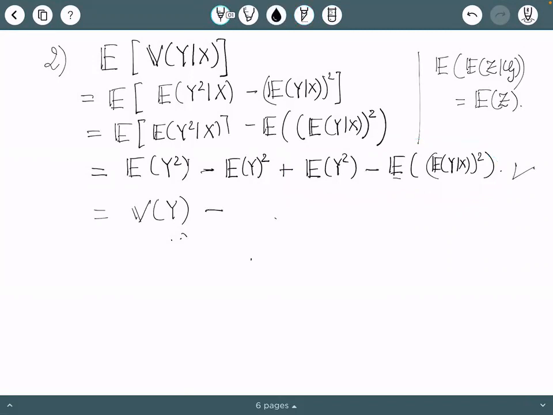I write first the last term, the expectation of y given x, squared, minus, now I have to rewrite this expectation of y squared. I write it as the expectation of the expectation of y given x, which is just the expectation of y.